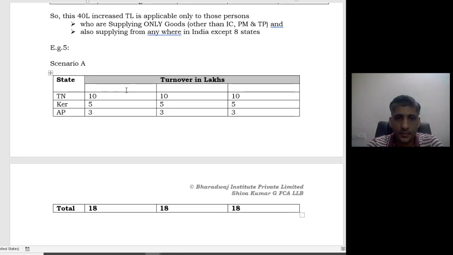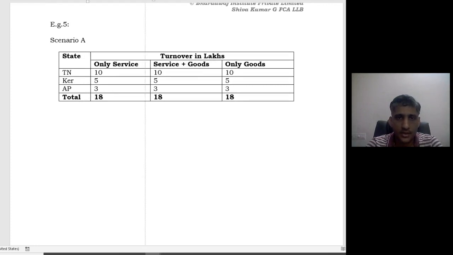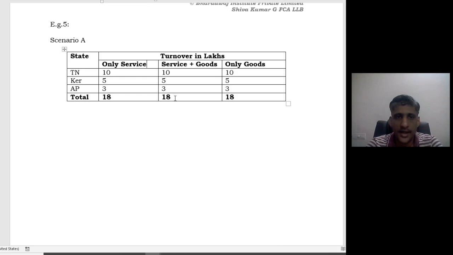If it is only service or service plus goods, it is only goods. Now, total is below 80. Let's take it to the next page for convenience. So scenario A, this is a scenario. This is only service. This is service plus goods. This is only goods. Tamil Nadu, Kerala and Andhra.